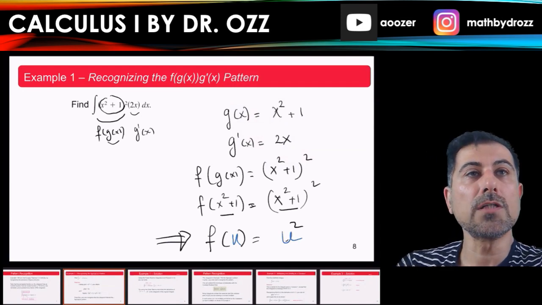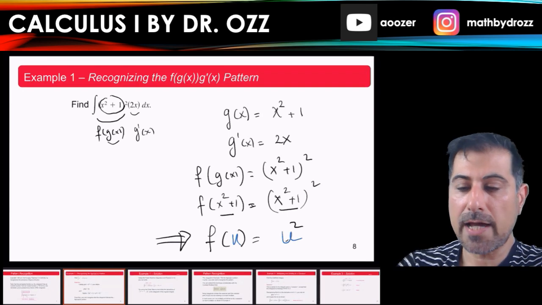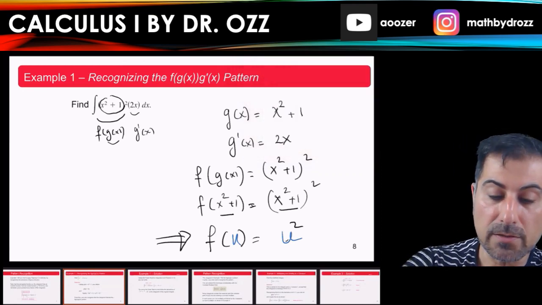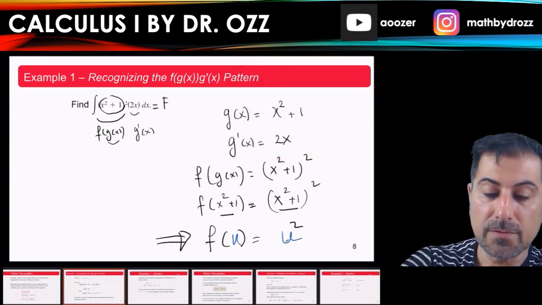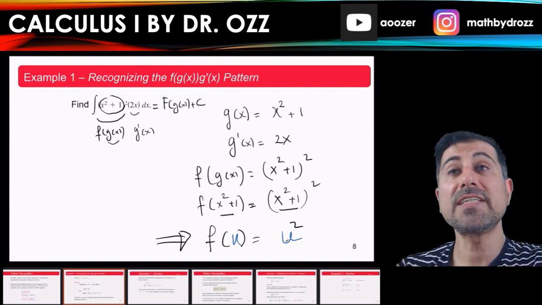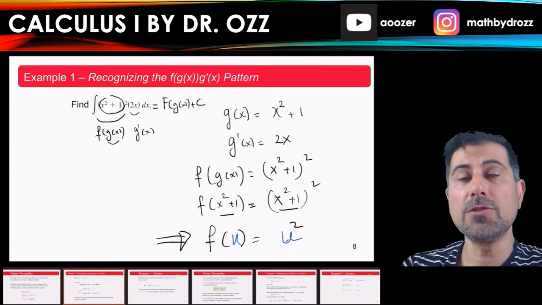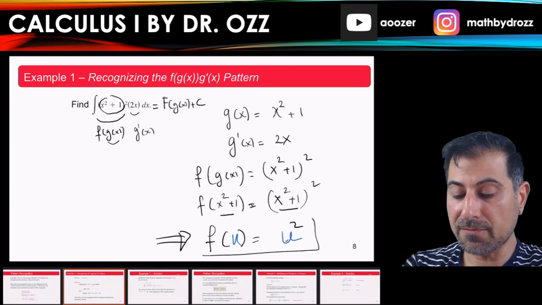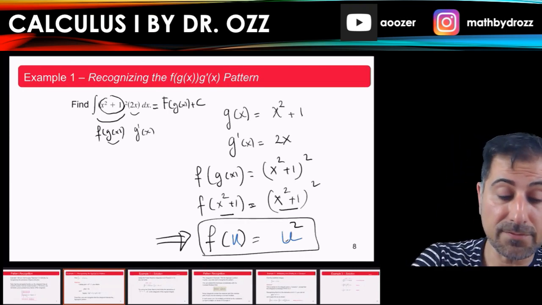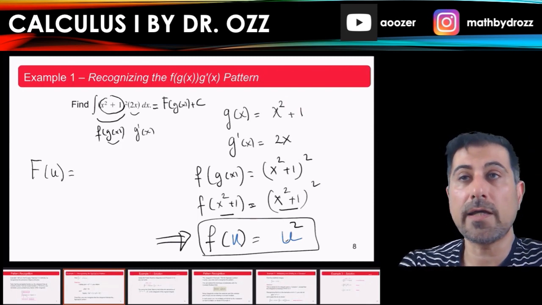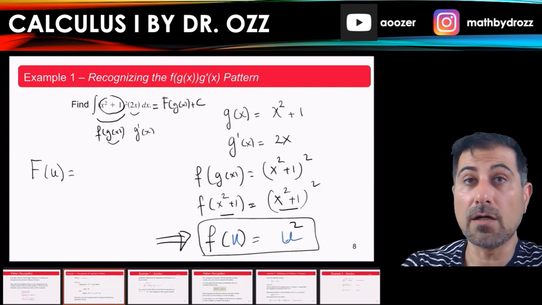Okay, that's awesome because now I can go back and write the value of this integral as F of g of x plus c, right? So now the question is, who is capital F? Capital F should be the antiderivative of little f, and little f is this function here. Let me write it in terms of u again. Its antiderivative is found by the power rule for integration.